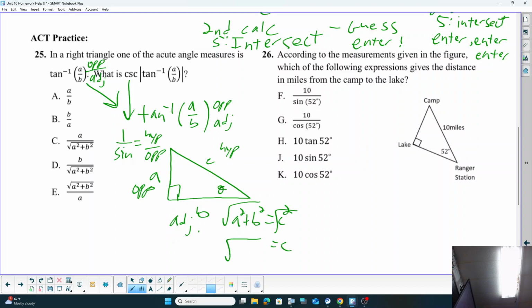So C is the square root of A squared plus B squared. So hypotenuse over opposite is the square root of A squared plus B squared over A. I'm guessing it's E. Is it E?